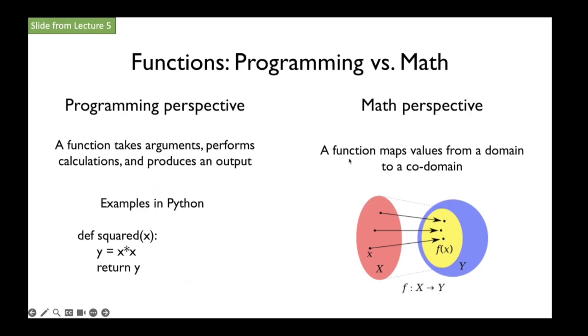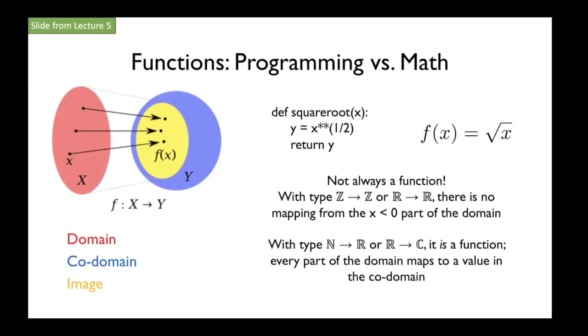Okay, a function from a math perspective is about what it is. It is a mapping from a domain to a codomain, and that distinction between what a function does versus what a function is actually the basis for how we can do proofs about math objects and do proofs about function objects.